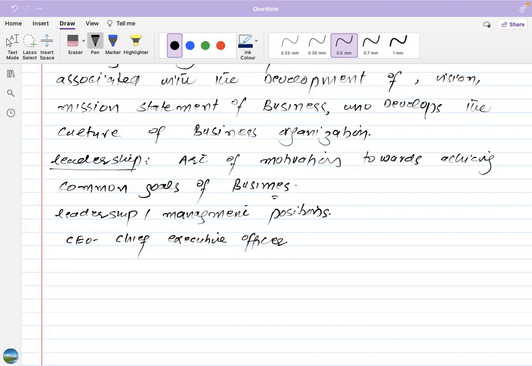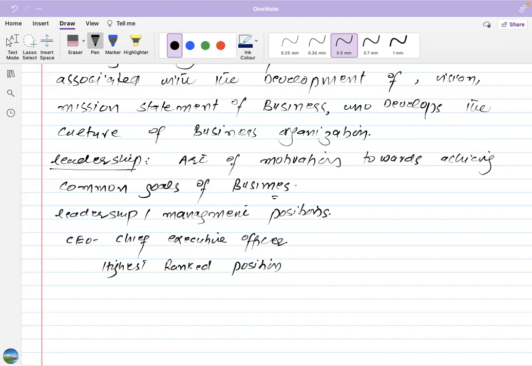CEO is the highest ranked officer in the business organization, the most senior manager. In the pyramid, every ultimate manager is responsible to the CEO of the business.